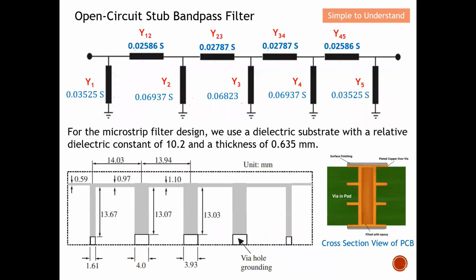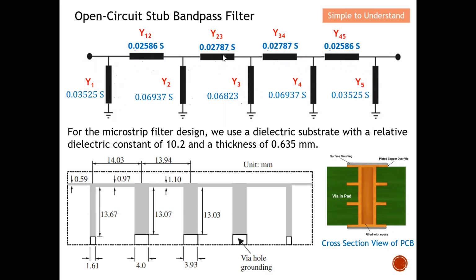Let's do a very quick recall of what we discussed in the part 18 series of the filter design. In part 18, I discussed how we can have a synthesis method to design a bandpass filter using the short circuit stub and the connecting line.